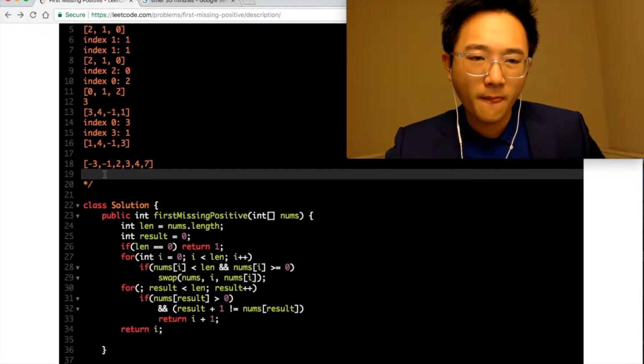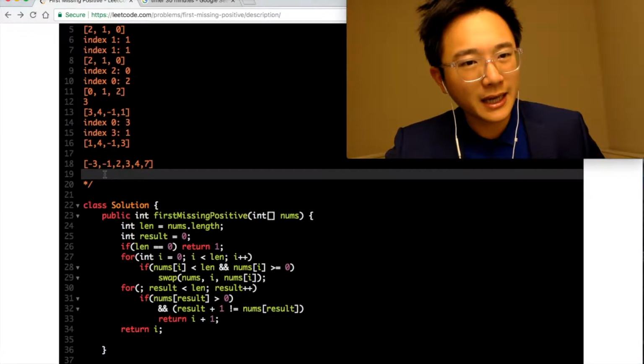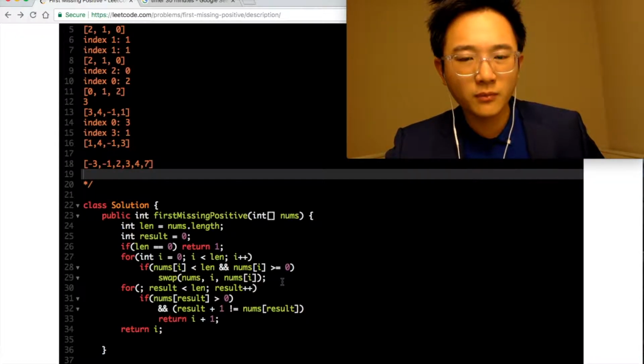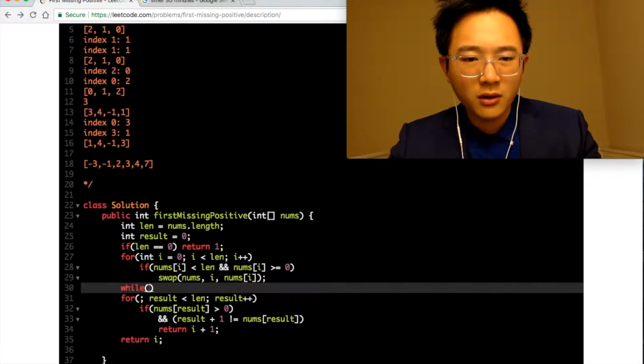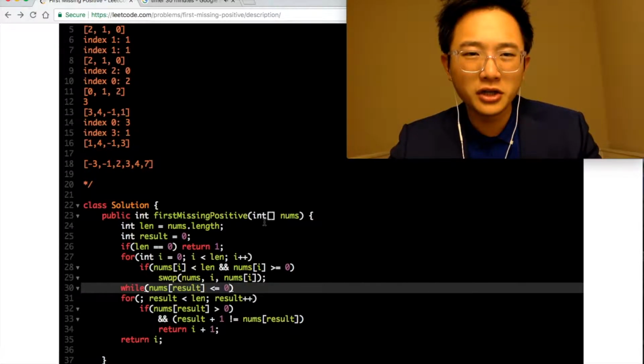So I think we should start counting after the first non-zero, when we encounter the first positive number. So while numbers result is less than or equal to 0.